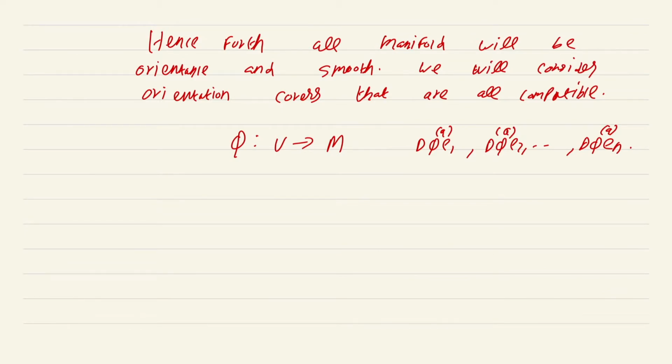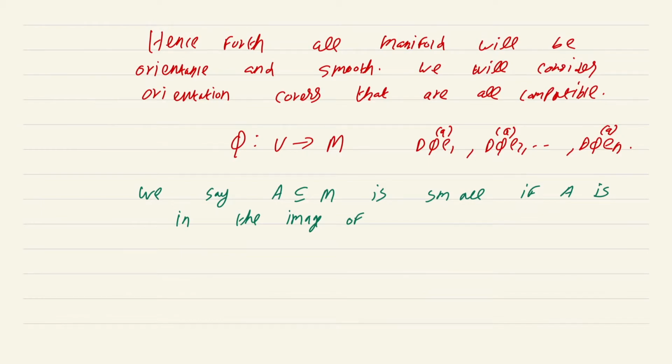Okay, so one more final definition we need. We say a subset of M is small if A is in the image of some parameterization.